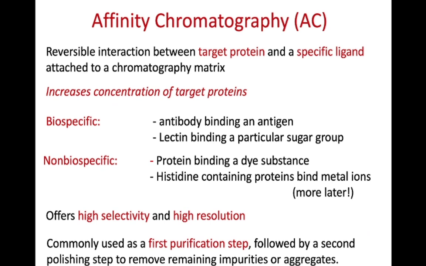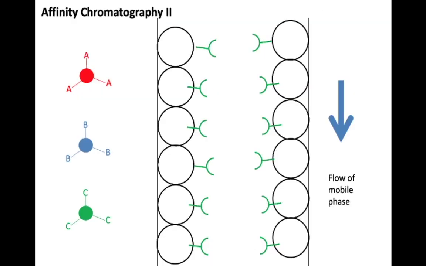So let's look at how affinity chromatography works. Here we've got the flow of the mobile phase. This is the top of the column, and this is the bottom of the column. Here we have our beads which have an antigen or an antibody bound to the beads, and we have A, B and C proteins.